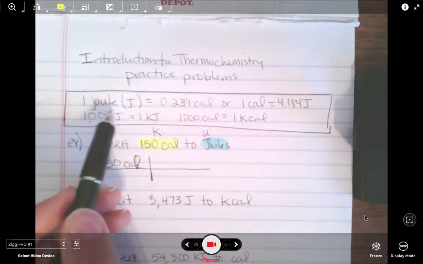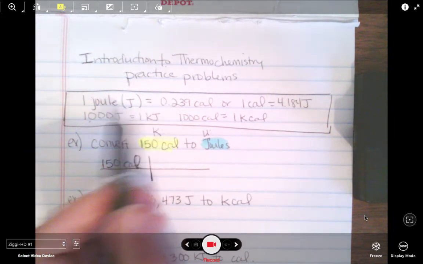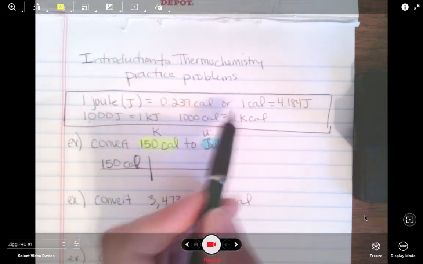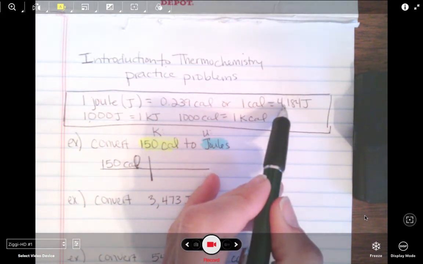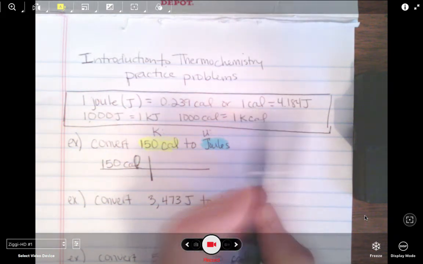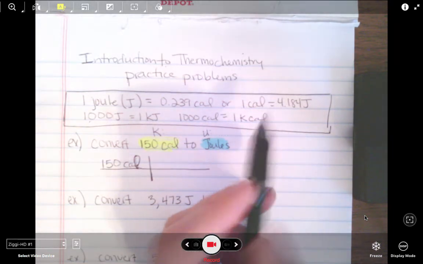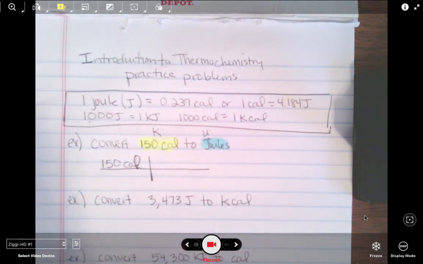Well, I have a direct conversion up here. So I actually have two conversions. I have that 1 joule equals 0.239 calories, or I have 1 calorie equals 4.184 joules. My preference is this conversion right here, the 1 cal equals 4.184 joules, and I just have an affinity for it. So I'm going to use that one.